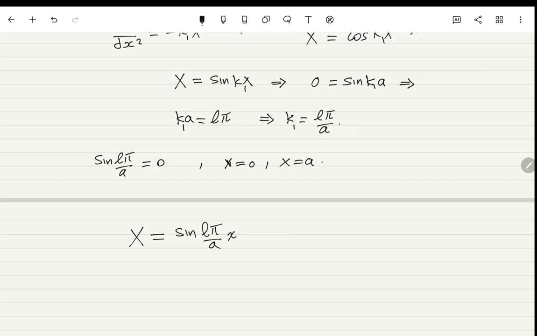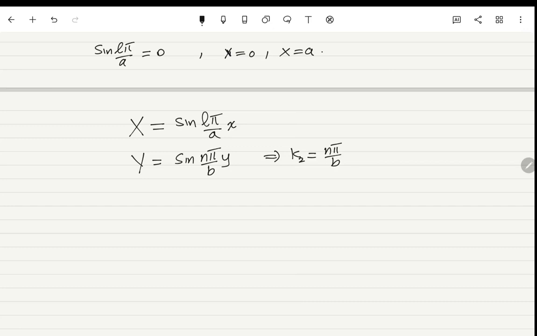Following the same procedure, Y will be equal to sine n pi over b y, because it's the other side of the rectangular box, with k2 equal to n pi over b.